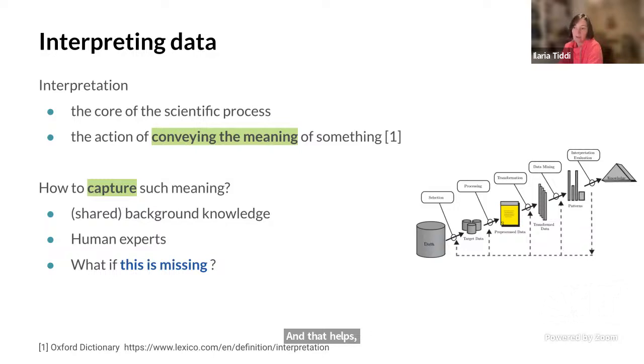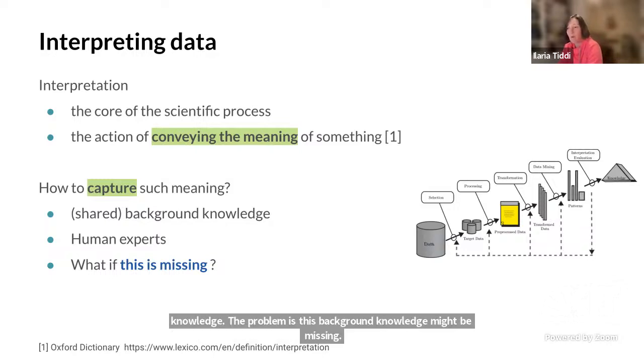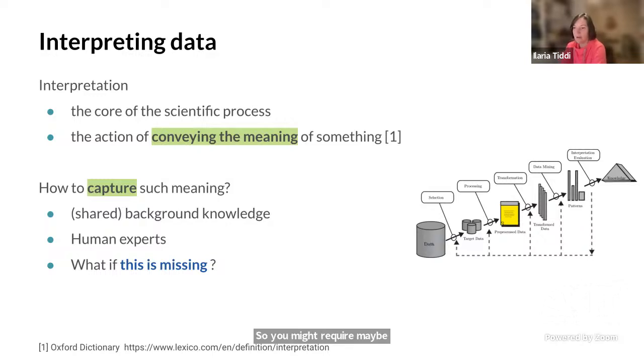The problem is this background knowledge might be missing. Maybe the expert doesn't know the actual explanation, or in certain use cases you might need different experts from different domains. So gathering this background knowledge might be quite a time-consuming process.